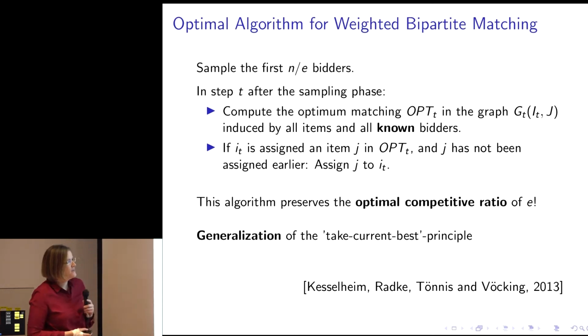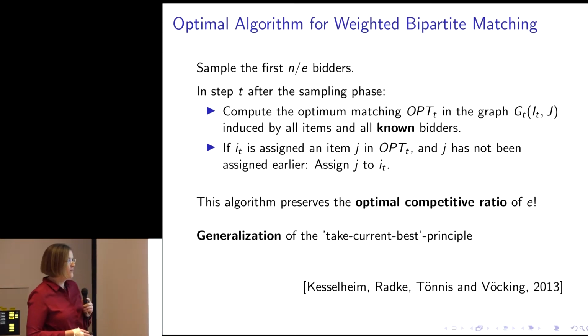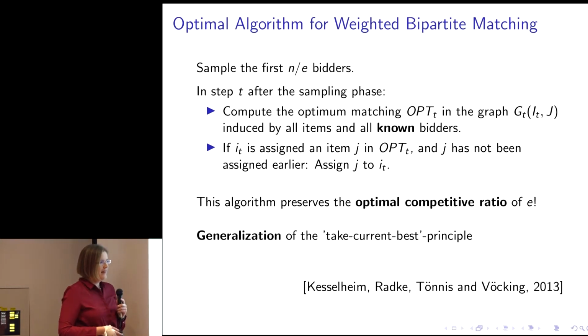Now this algorithm says, well, the best is a little bit more complicated here, but we do the same. So we give the current bidder what he would get in a current best matching over everything we've seen. This is all they do. And this algorithm actually has the same ratio, which I personally find absolutely great.